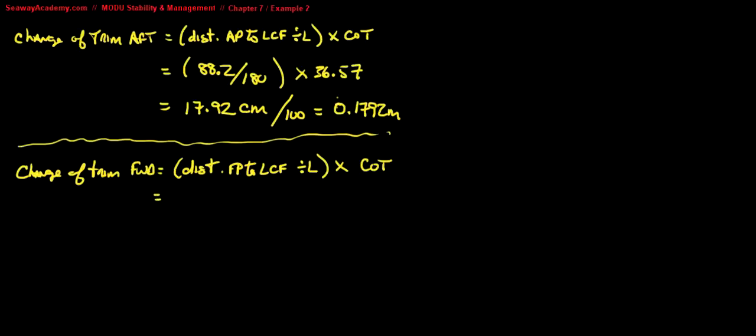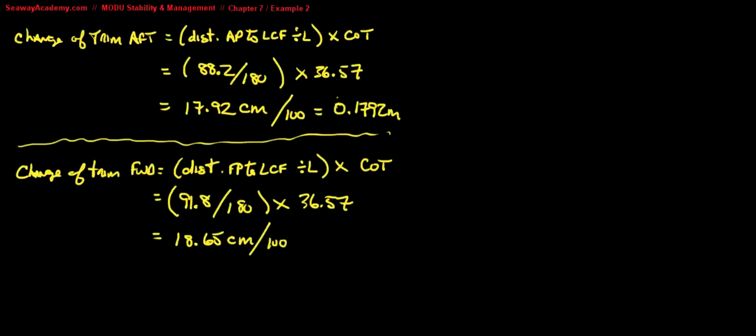So the distance from the forward perpendicular to the LCF is 91.8 meters, divided by your total length of 180 meters, times your change of trim, which is 36.57 centimeters. So your change of trim forward will be 18.65 centimeters. Now we need to convert this to meters, so we divide by 100. So we get 0.1865 meters for our change of trim forward.